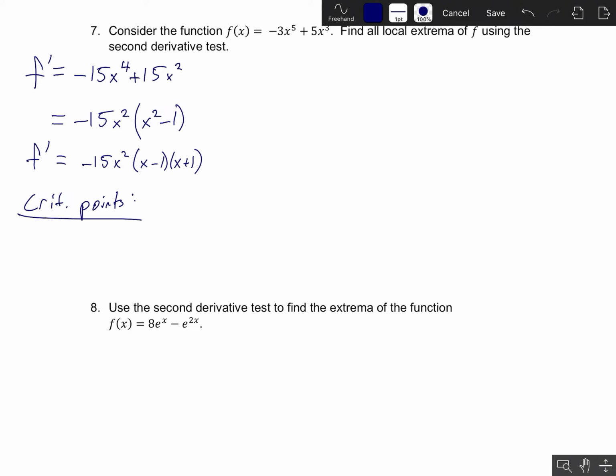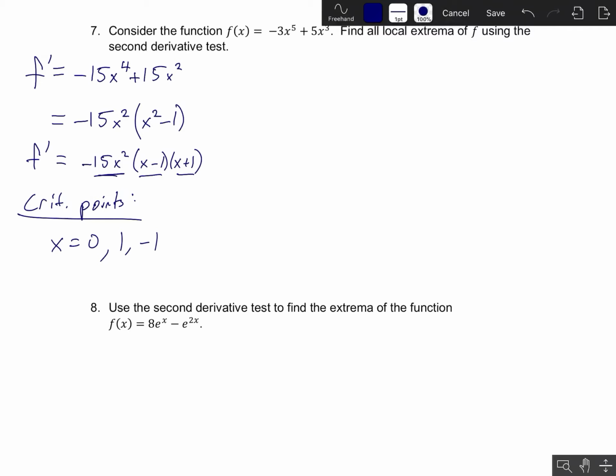Remember, the critical points are the places where f prime would be 0, but in order for f prime to equal 0, either this first factor would have to equal 0, which would mean x equals 0, or the second factor would equal 0, which means x equals 1, or the third factor would equal 0, which means x equals negative 1. So those are the critical points for this particular function.